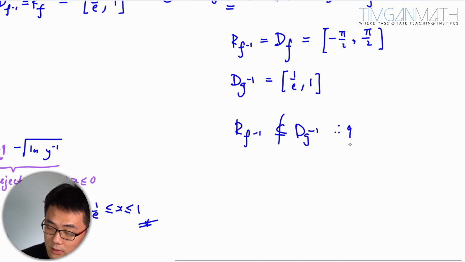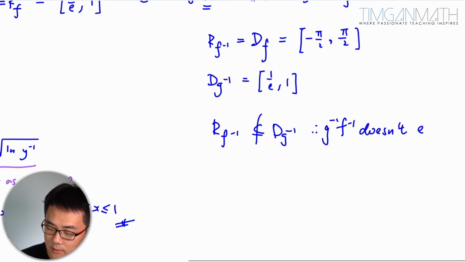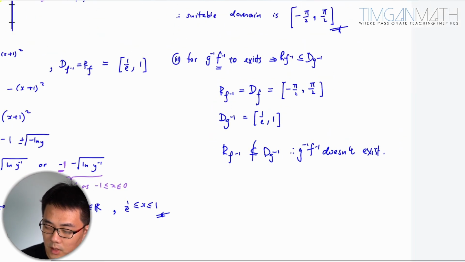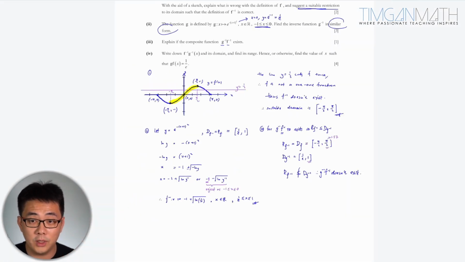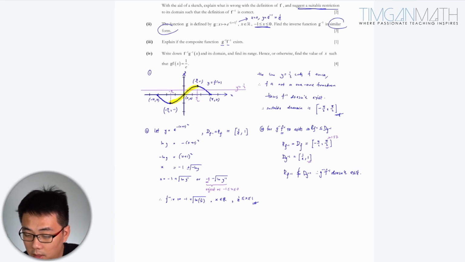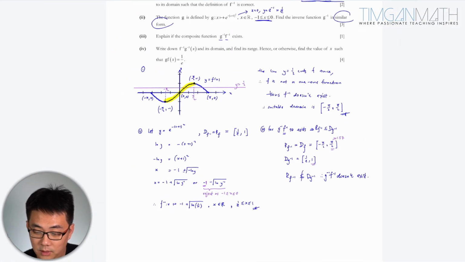Hence, g inverse f inverse doesn't exist. Okay, because this is about 1. What is this? This is about 1.57. So the domain of g inverse cannot contain it. That's why it doesn't exist.